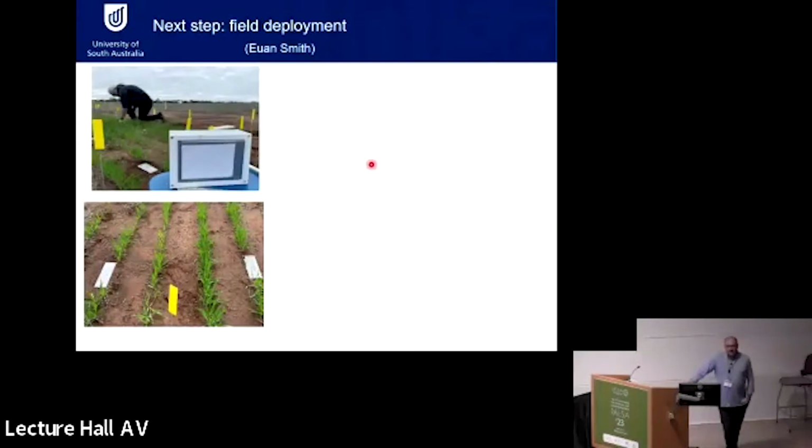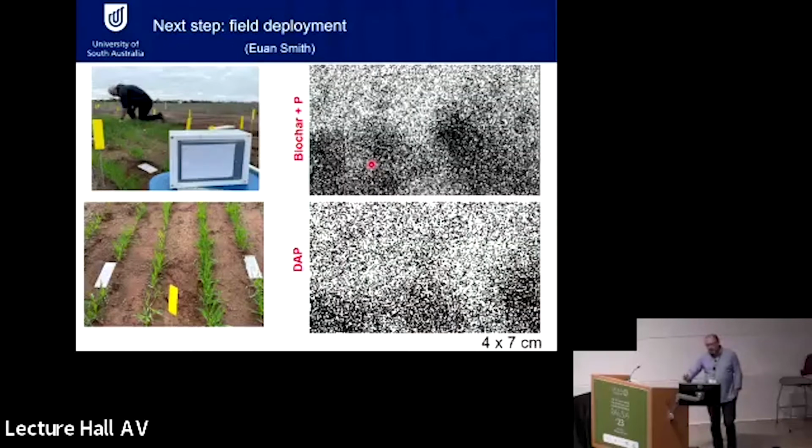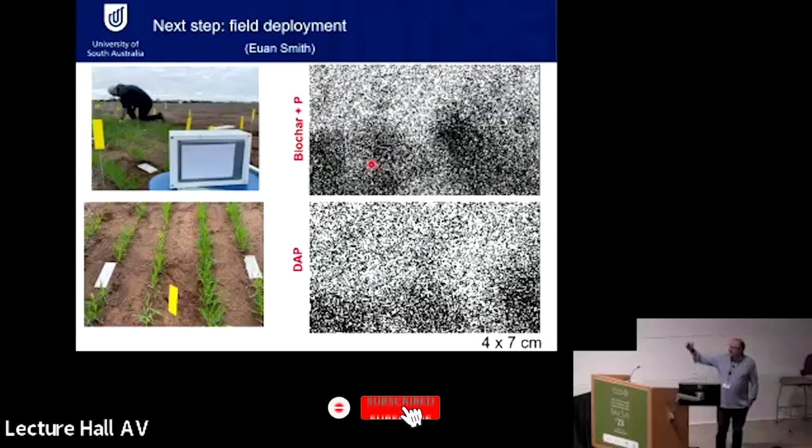And then what we did very recently, so 2 weeks ago we collected the samples, last week we analyzed them. We went to actually deploy DGT devices in the field, so we 3D printed this little system that we can then install directly in the field with the plants growing, and then we get the 2D distribution of phosphorus availability from a field experiment, and that's a biochar phosphate fertilizer in comparison to a conventional fertilizer, and you can see the higher availability of phosphorus there that explains the response that we see in the field.